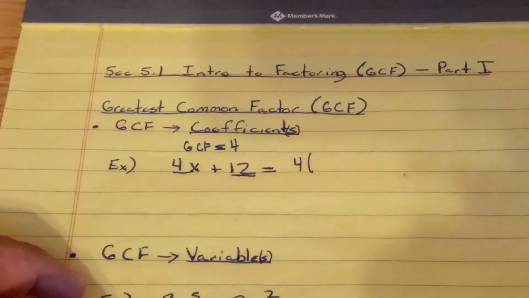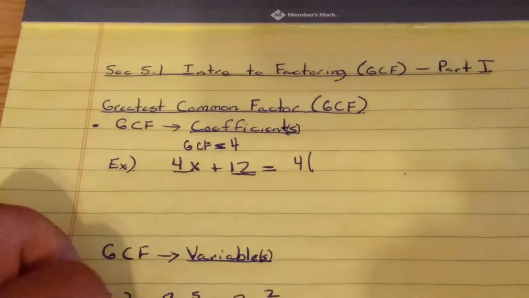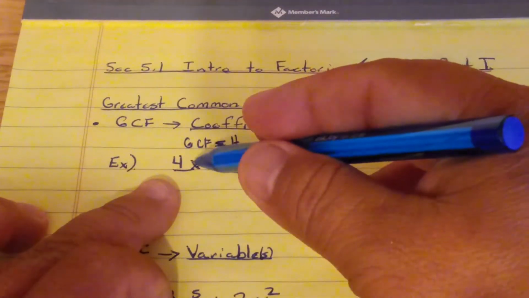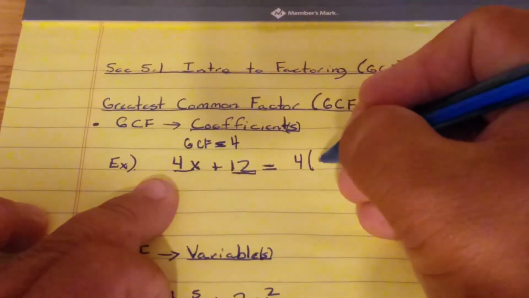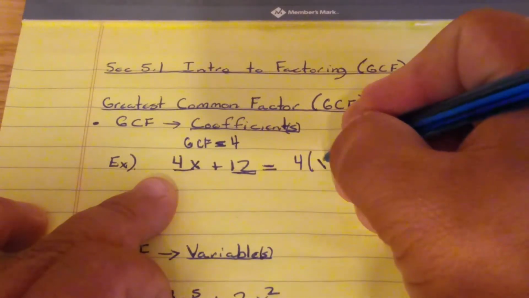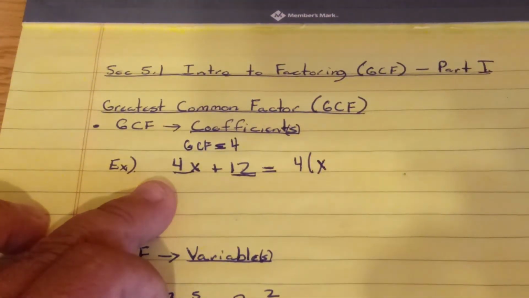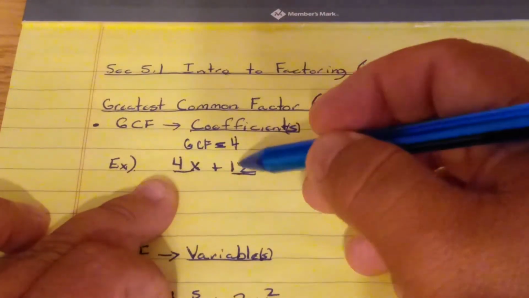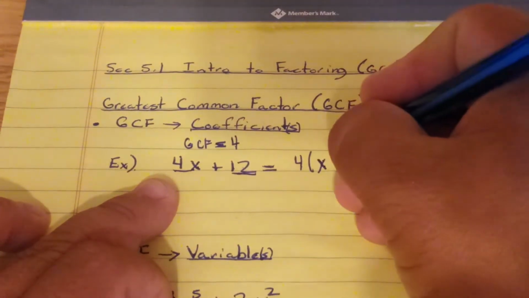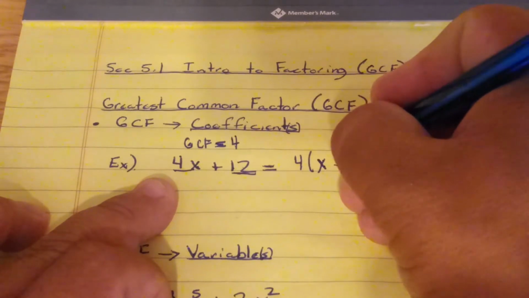And simply enough, all you have to do is really just divide them. So 4 goes into 4x once, so it'll be 1x, or just simply x. You don't have to put the 1 in front of it. And 4 goes into 12 3 times. Essentially what you're doing is you're dividing.